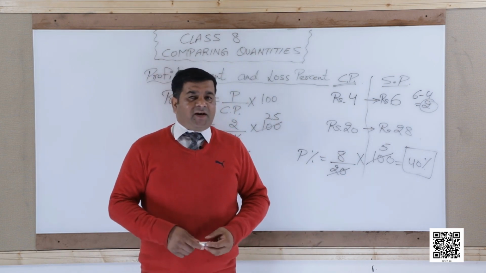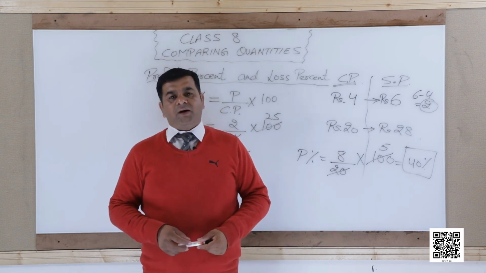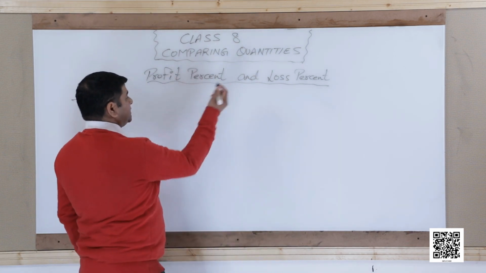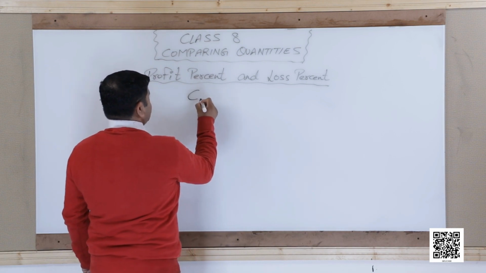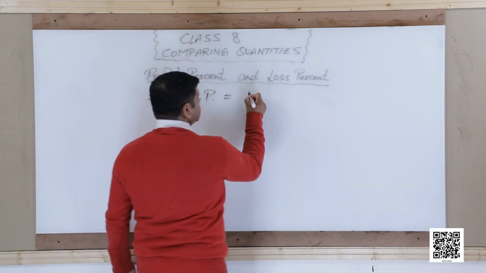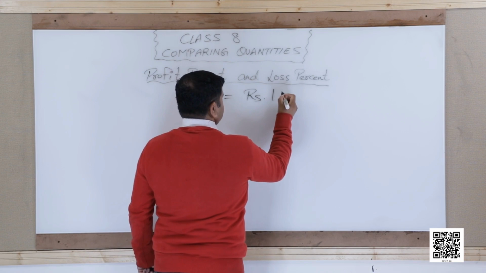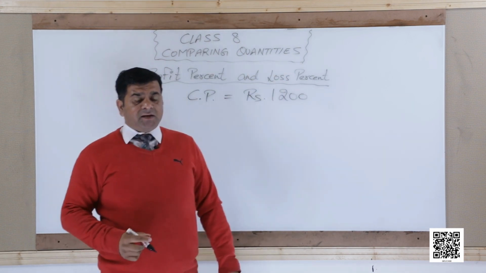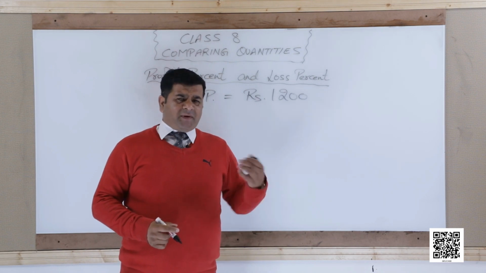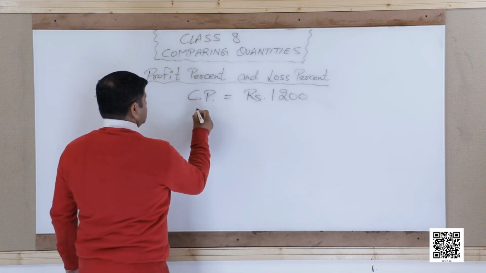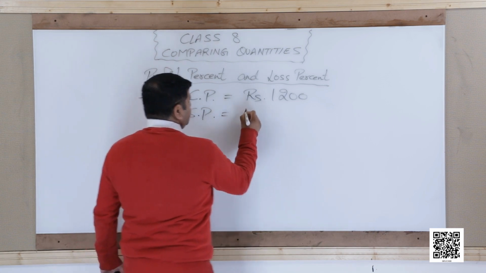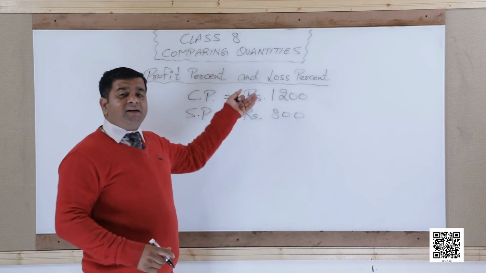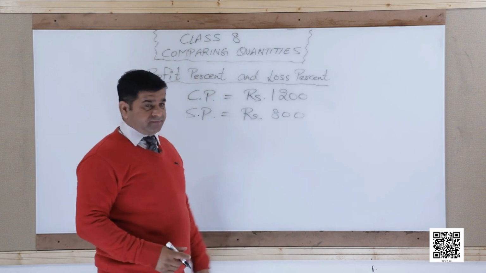Similarly, let's find out the formula for loss percent. See, let us suppose there is a shopkeeper who purchased an item for say rupees 1200, and due to some defect or maybe some other reason he had to sell that item for rupees 800, which is at a lesser price than the cost price.